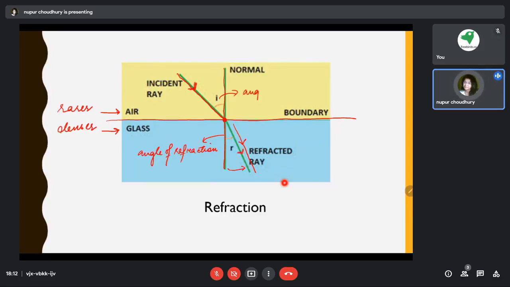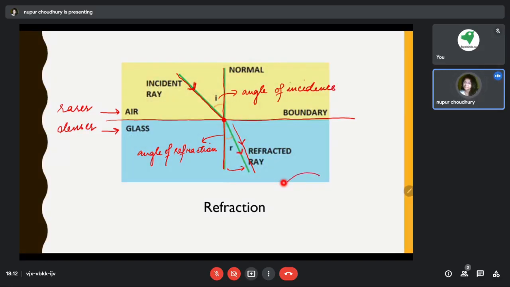And this we have already done. This is the angle of incidence. Both of these have different mediums. This we have to be very, very clear about. Like the previous diagram, in reflection all three of them, the incident ray, the reflected ray and the normal, were lying on the same surface and the same boundary.